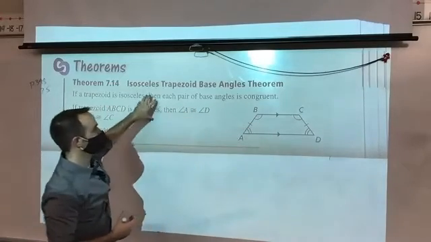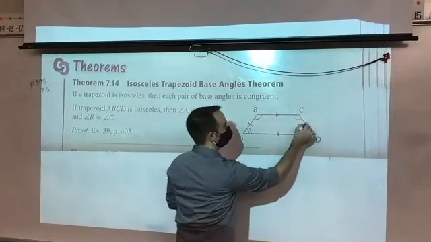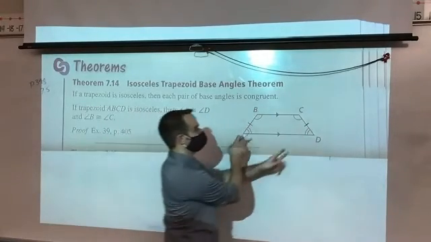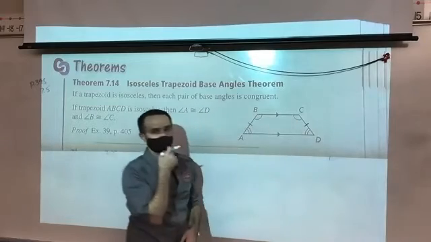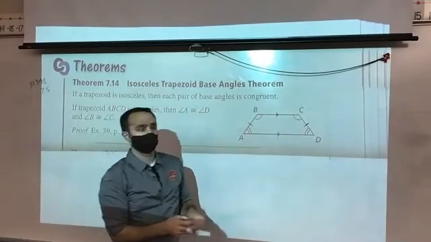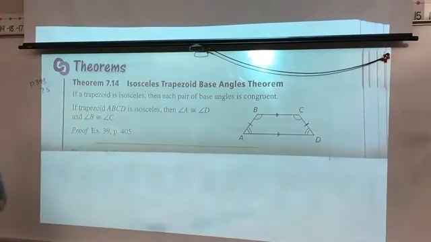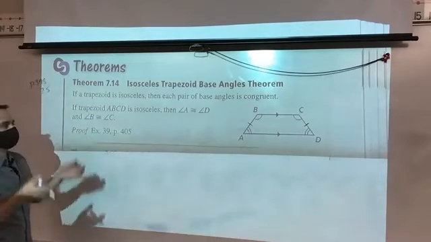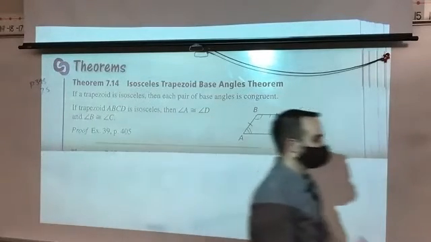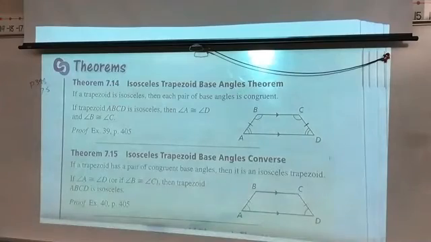So our base angles theorem here, just like the triangle one, says if we know our legs are congruent, then it's going to hold true for both pairs of base angles. So the bottom base angles, the top base angles will be congruent. Okay, that's if the legs are congruent. And then we go with a converse. So that same idea, just in reverse.